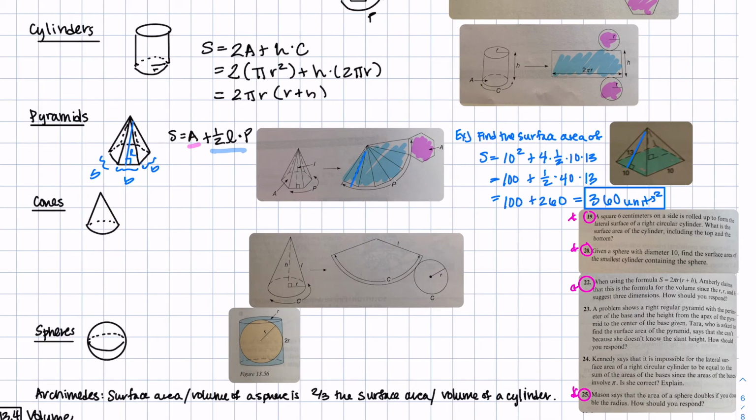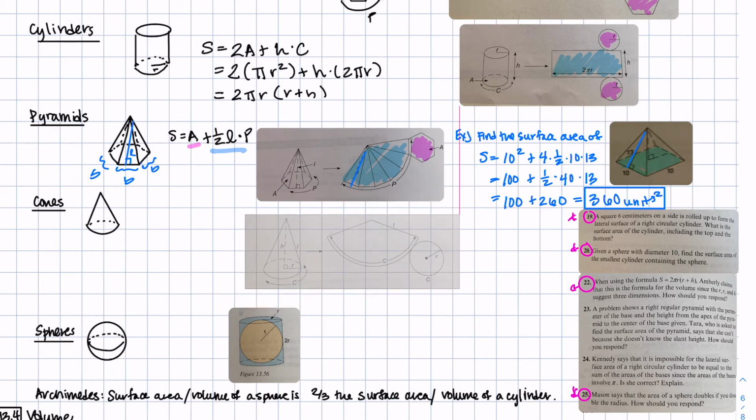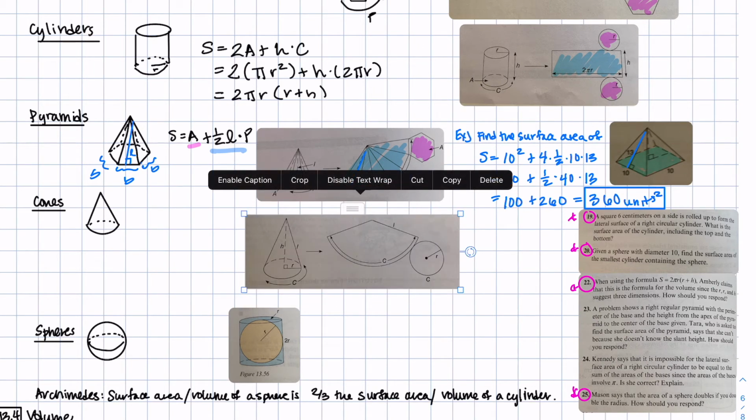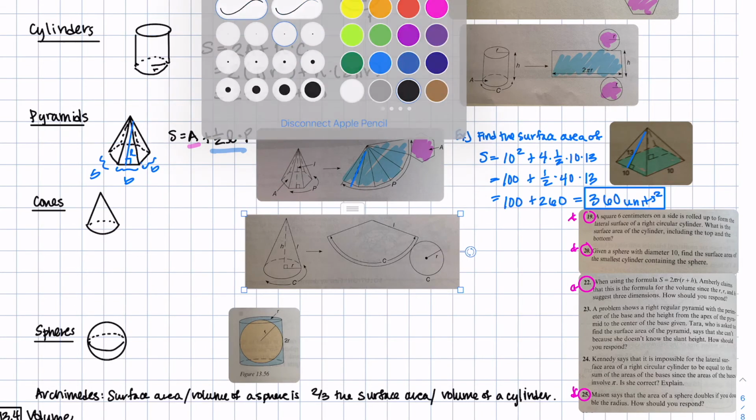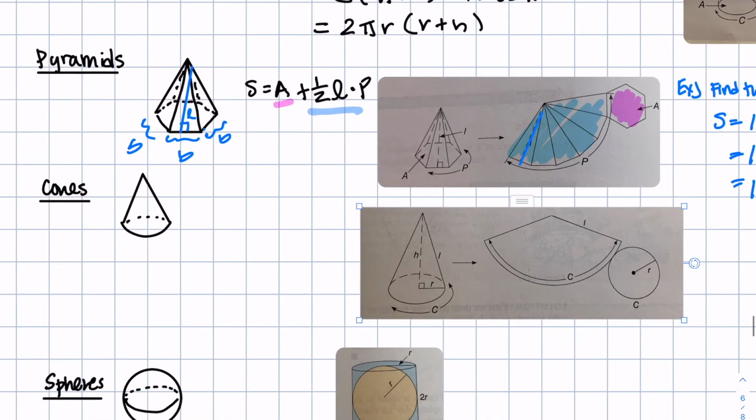So 2 more cases to look at here. One example with a cone is, of course, very similar to what happens with the pyramid. In this case, again, we just have one of these areas because we only have one circle, unlike in the cylinder where we had one on the top and the bottom.